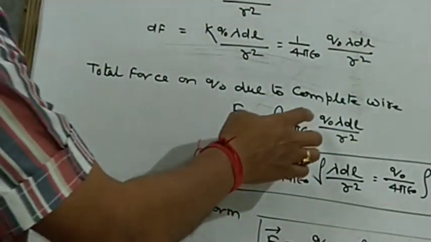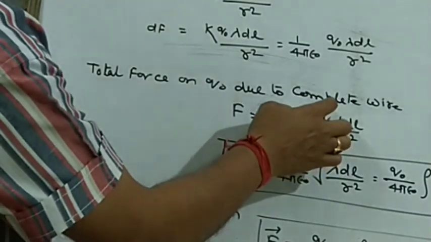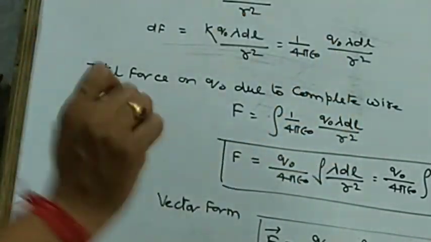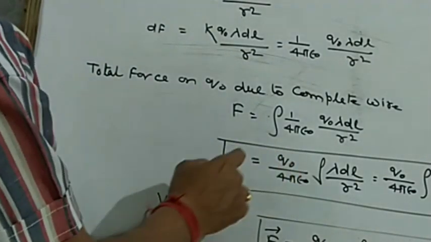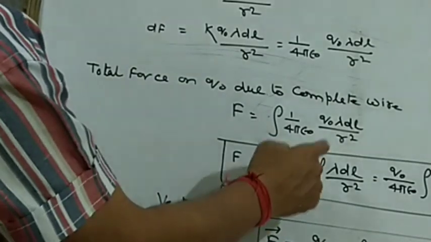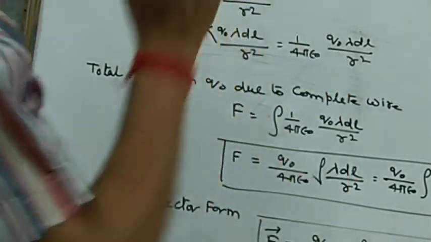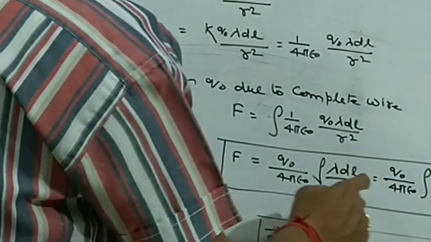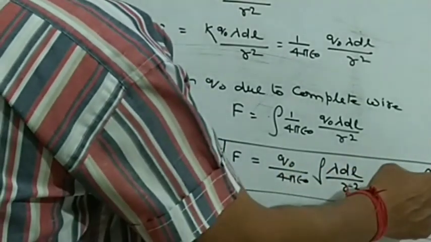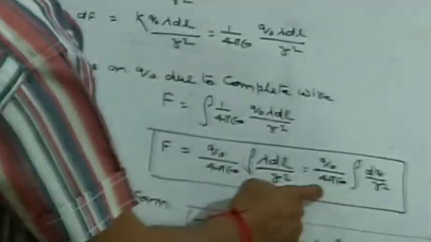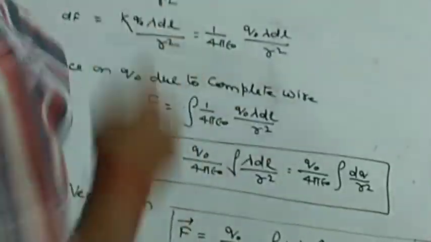This 1 upon 4 pi epsilon naught and q naught are constant, so we can take them outside. So F will be equal to q naught upon 4 pi epsilon naught integration of lambda dl upon r square. Since lambda dl equals dq, this can also be written as q naught upon 4 pi epsilon naught integration of dq upon r square.